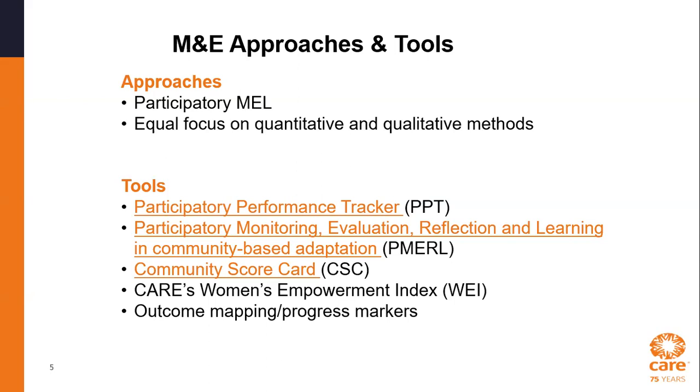We also have the Women's Empowerment Index, which we adapted from IFPRI's Women's Empowerment in Agriculture Index, or WEAI, to measure women's empowerment. The outcome mapping methodology helps us identify and measure behavior changes among our project and program participants and social norm changes in the communities that we work in.